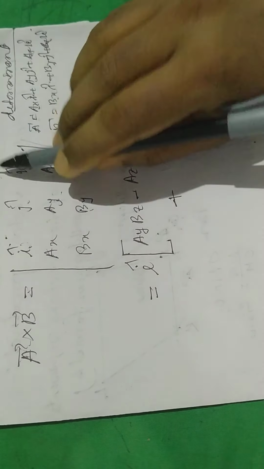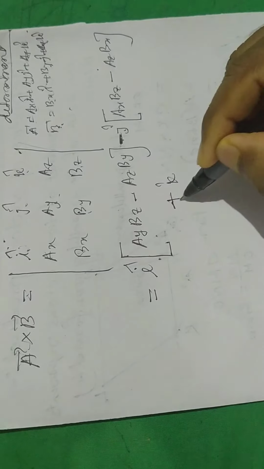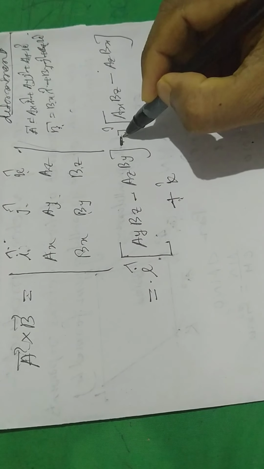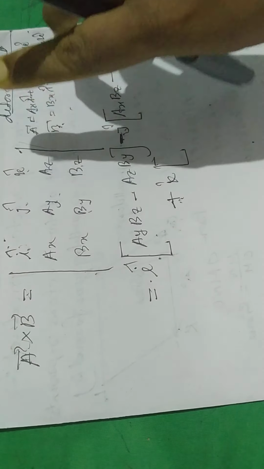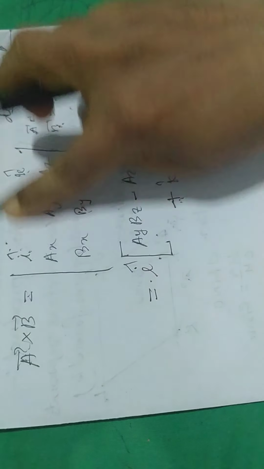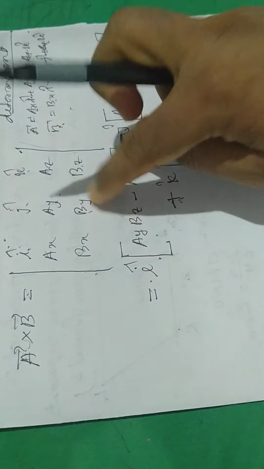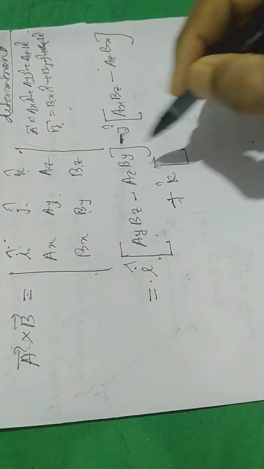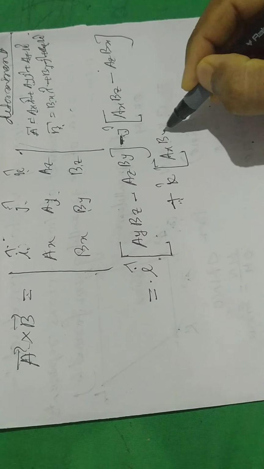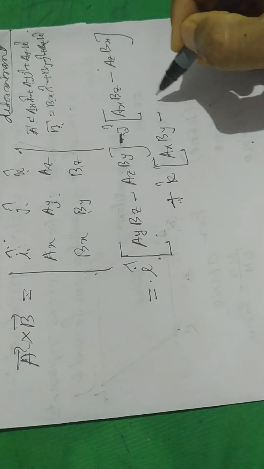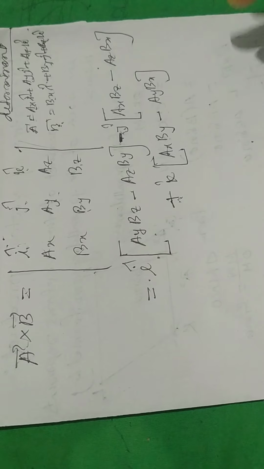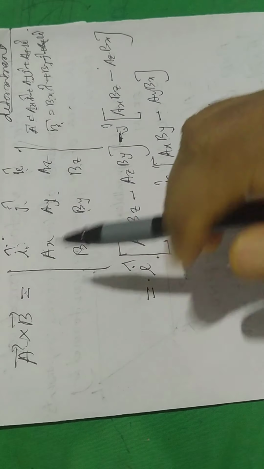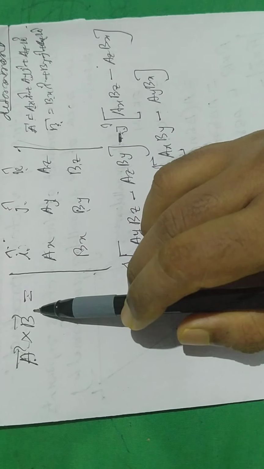Then again plus, the third one K cap plus. Keep in mind: plus, minus, plus. Again third column, first row, AX, AY, BX, BY: AX BY minus AY BX. So this is the cross product of two vectors A cross B.